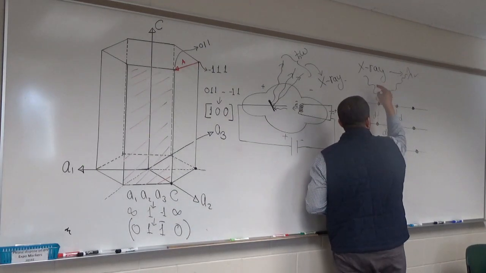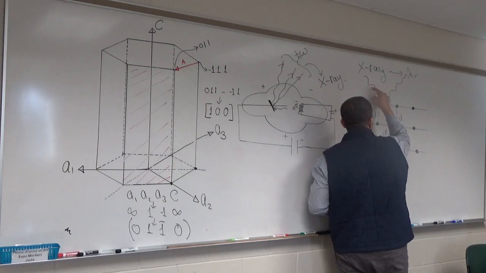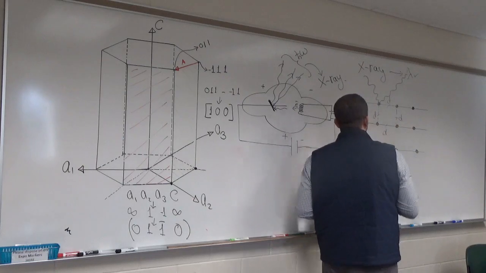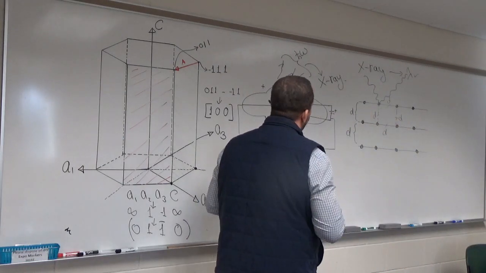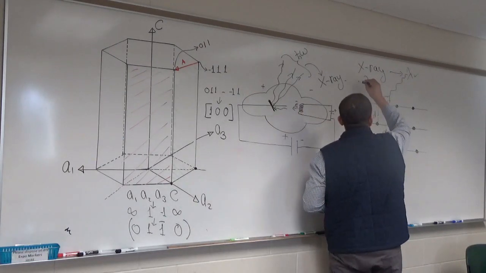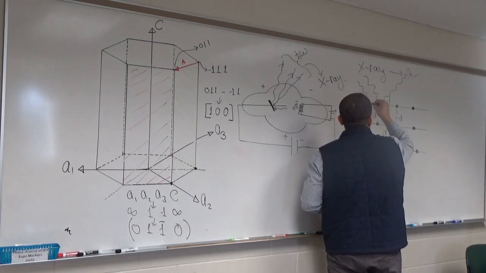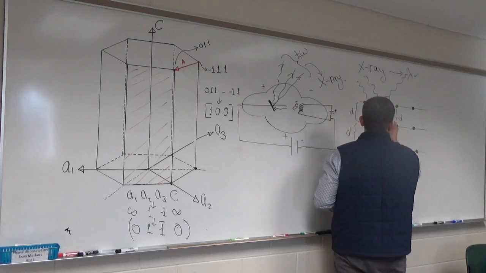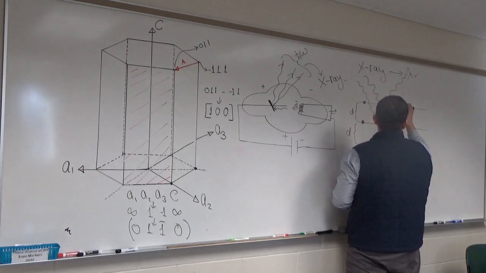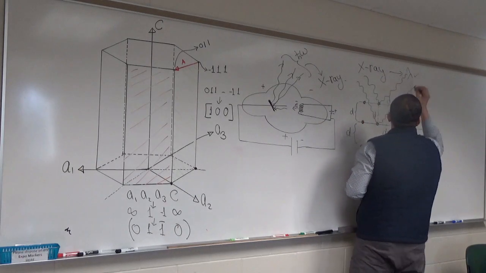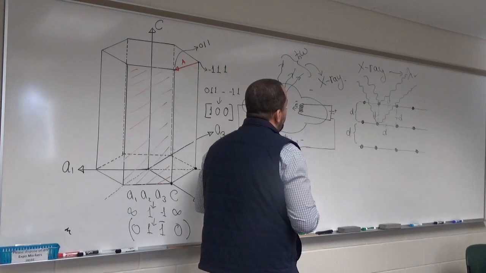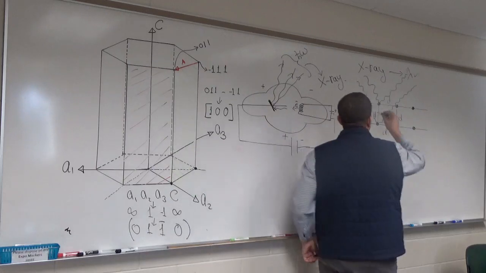But this X-ray wave and this X-ray wave should be in phase. Otherwise, you will not have any result. And maybe there is another X-ray that goes like this, hits this atom right here, and then is reflected, as you can see on the other side. Okay, so that's very nice.